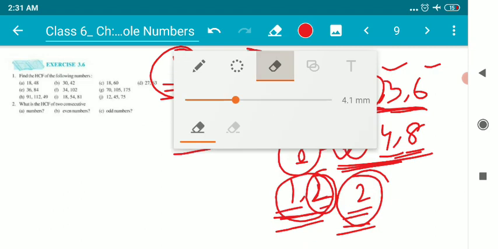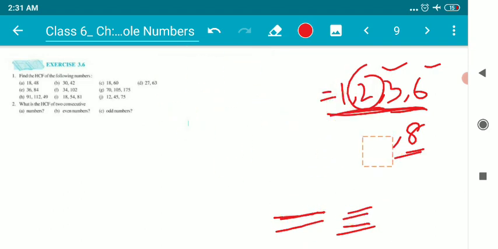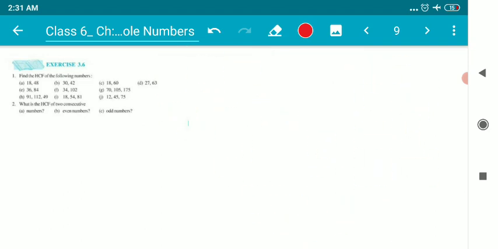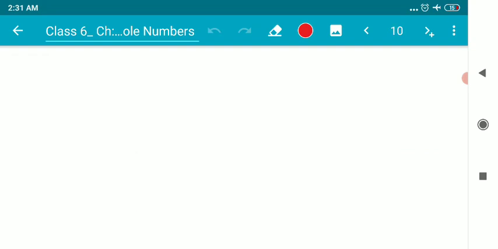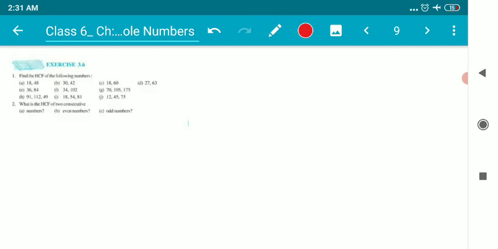Now we are going to find out the HCF of some following numbers. Let us calculate the HCF of these following numbers. 18 and 48. Children, we have two different ways to calculate HCF. One process is called the division method.